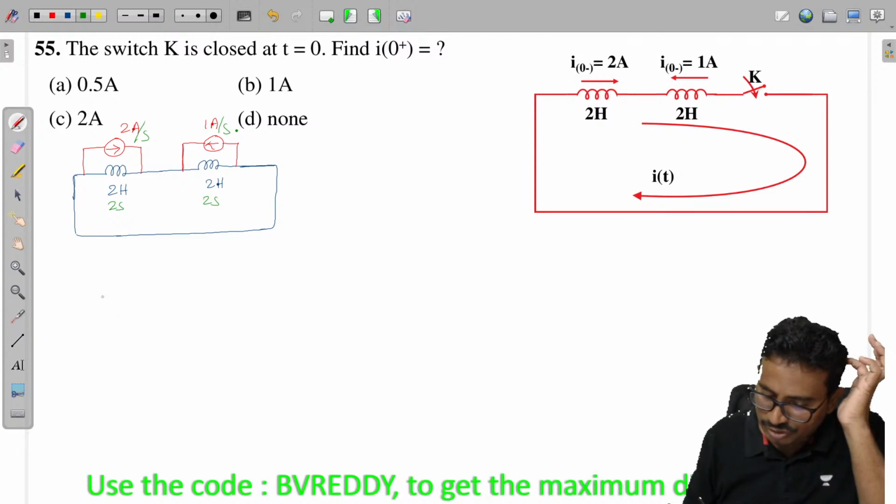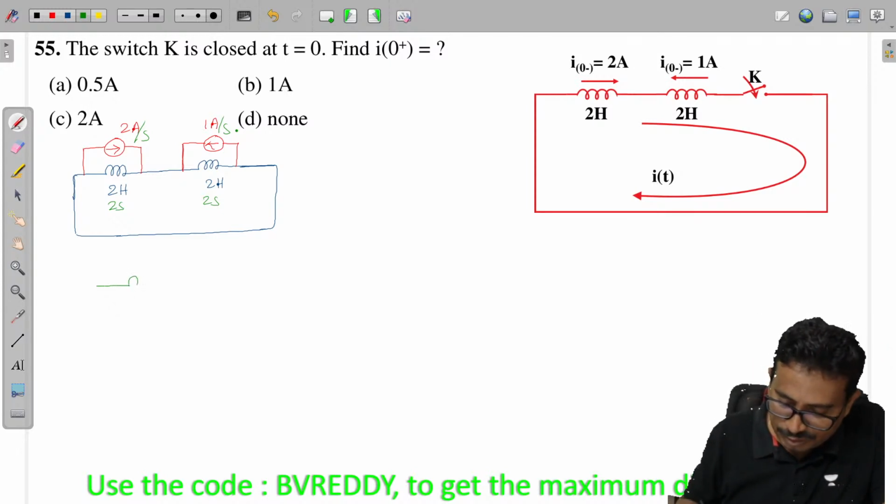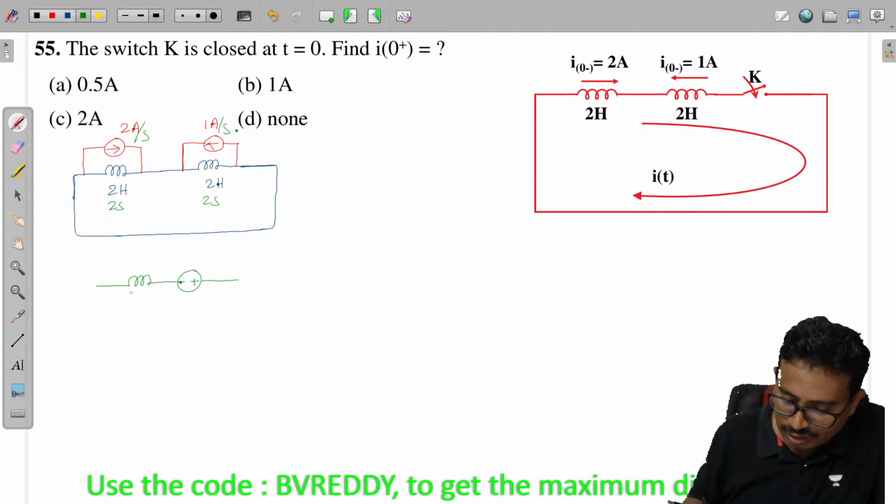If I write the source transformation, tell me what I will get. These current sources are converted to voltage sources, positive and negative, which is equal to 2S, and this value is 4.